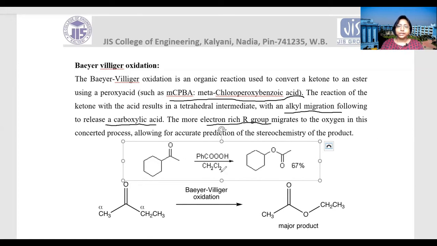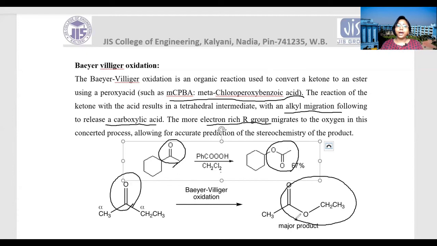So here you can see the reaction. Here it is the conversion of ketone to ester. CO to COOR, ketone to ester. So ultimately from the ketone CO we are getting the COOR, the ester.